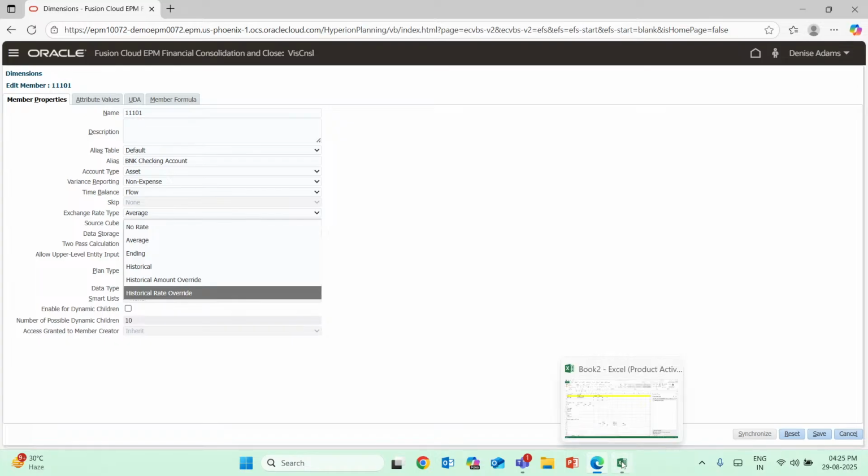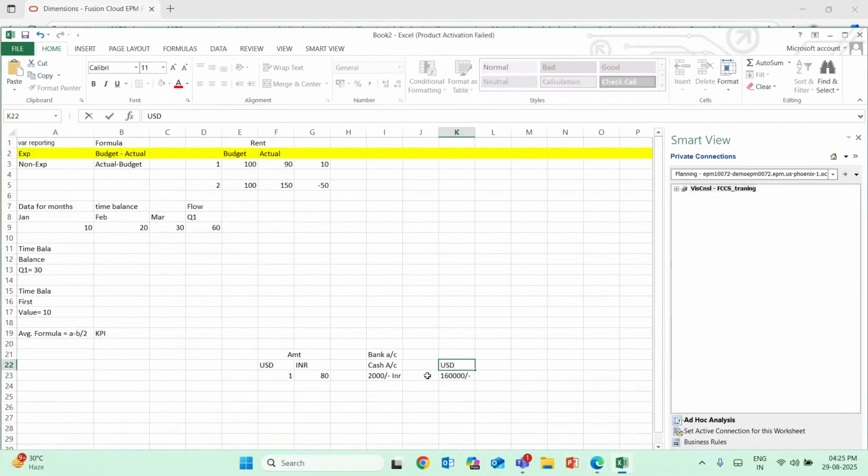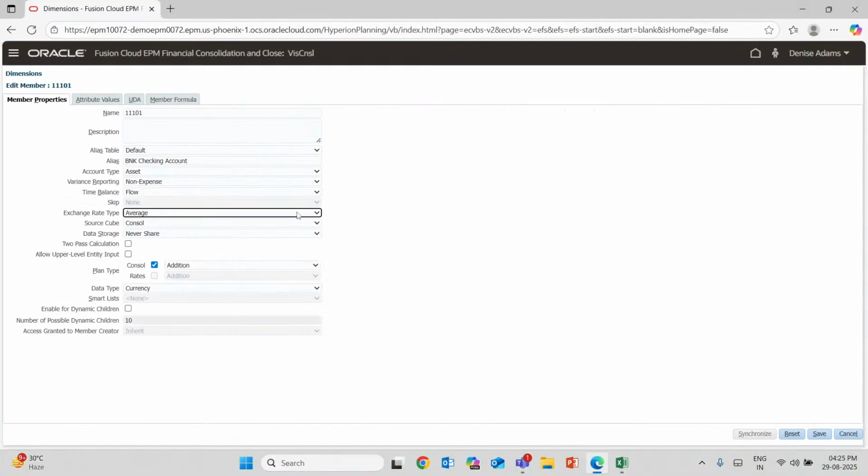In both cases, the overwrite amount or the rate can be entered, or the account can be treated as a historical account. Otherwise we have one historical rate, we enter those rates in the system, and the account is converted at the historical rate.